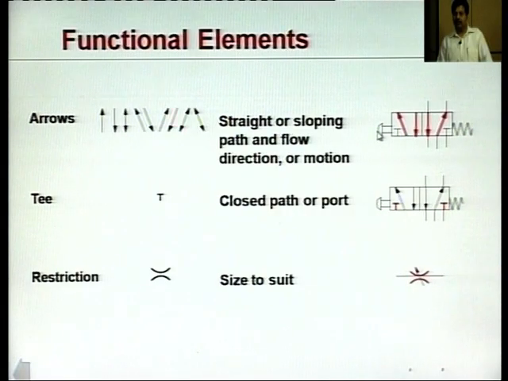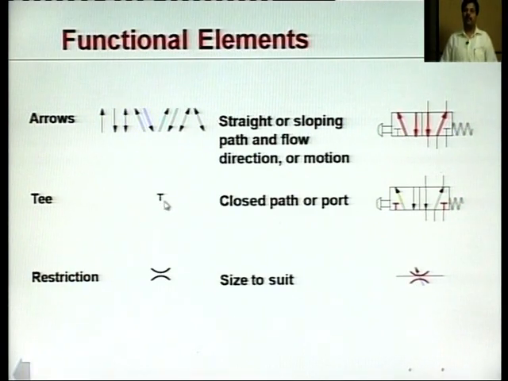And when we push this button, then instead of this block, this particular block will become functioning, and in that case the fluid from this port, which will be shifted to this position, will flow from here to here, and the fluid from this port will flow from here to here.